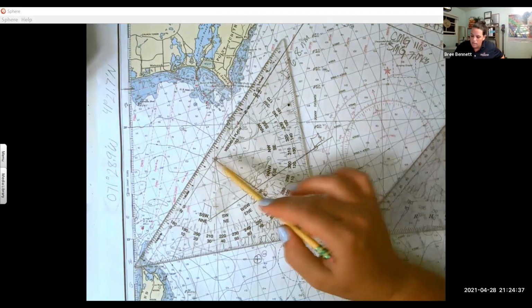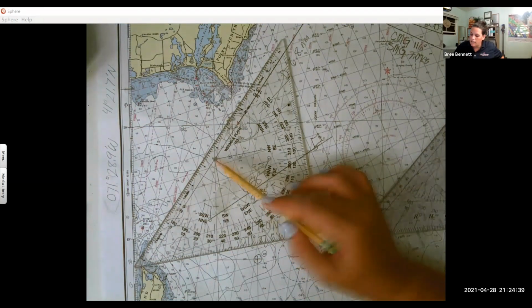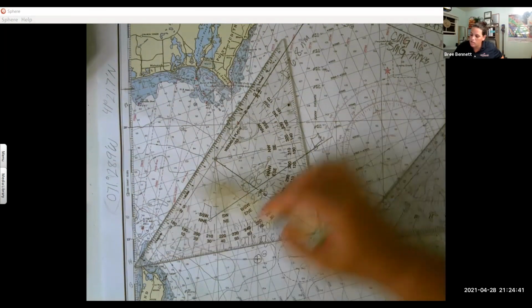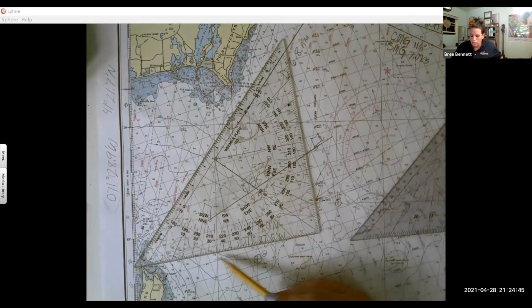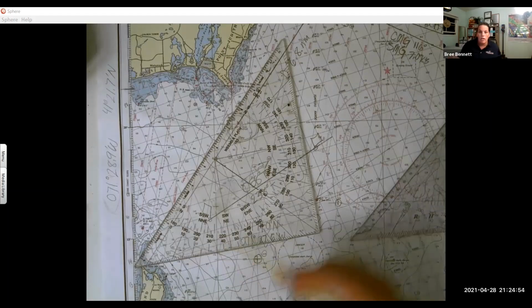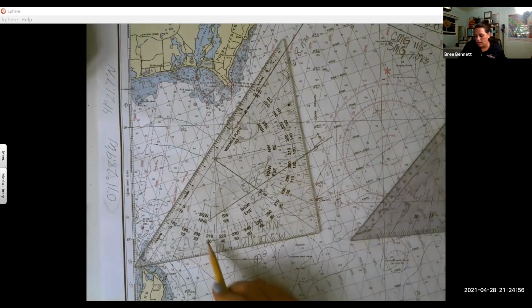So I have my focal point on a vertical line, and I have the long side of the triangle on my line in question. I could read at the bottom, right in between 030 and 040. Why do I know it's not the 210, 220?